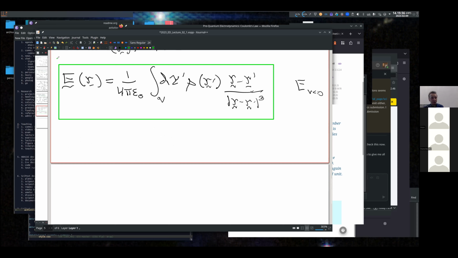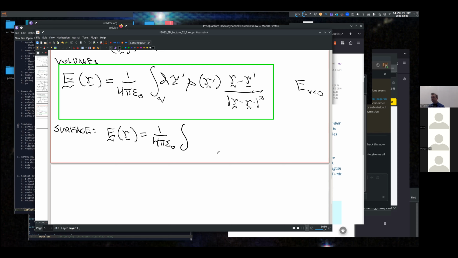So this is for the volume. If we had the surface, then we would have just a very similar thing. We would have E at R being a point in three-dimensional space, but now with a field coming from a surface distribution. So think of the plates containing charge.